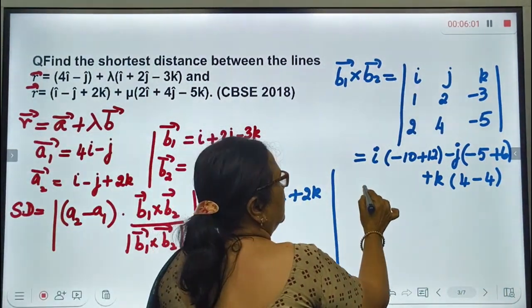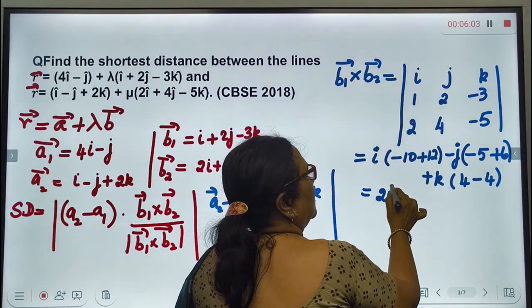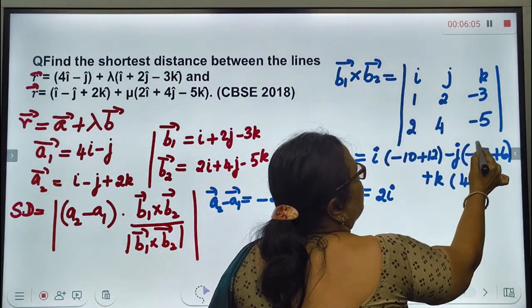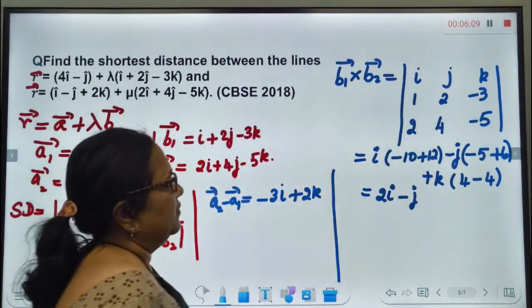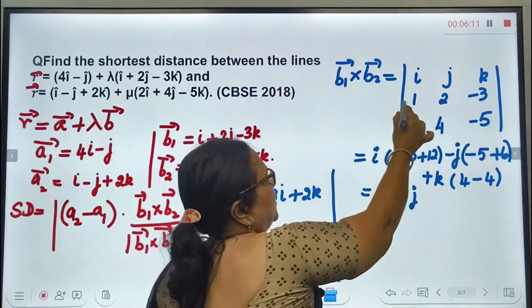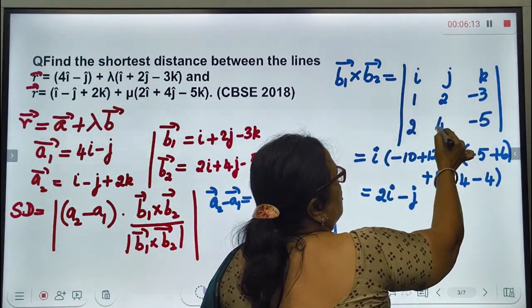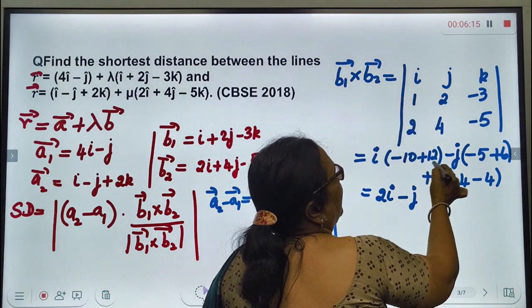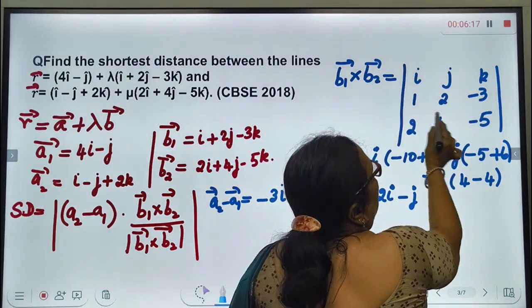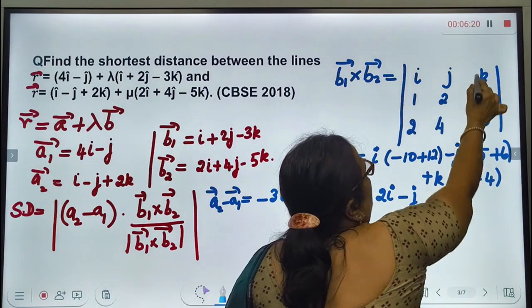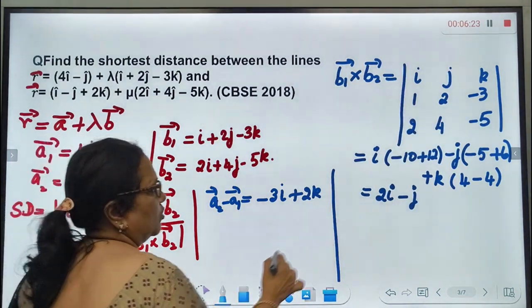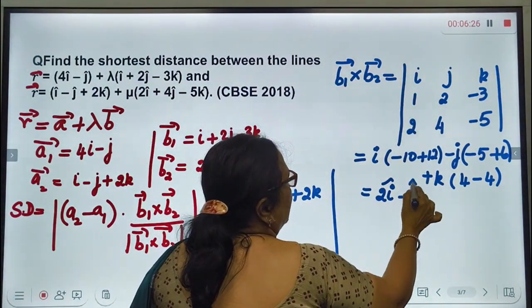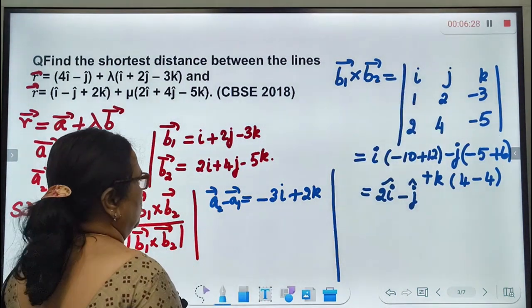So i into minus 10 plus 12 is 2i, minus j into minus 5 plus 6 is 1, plus 0k. So 2i minus j is b1 cross b2.